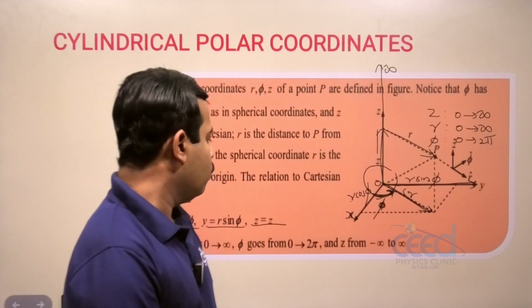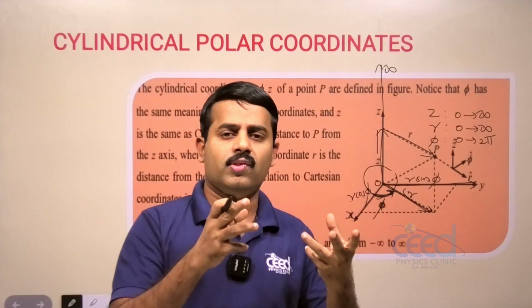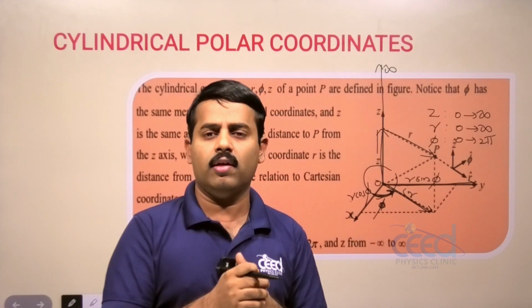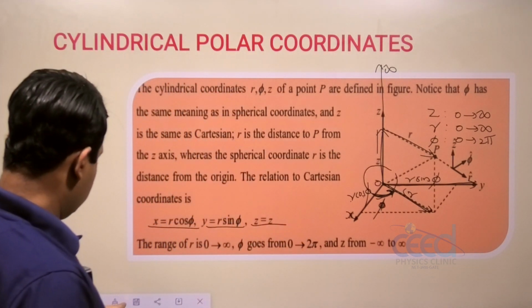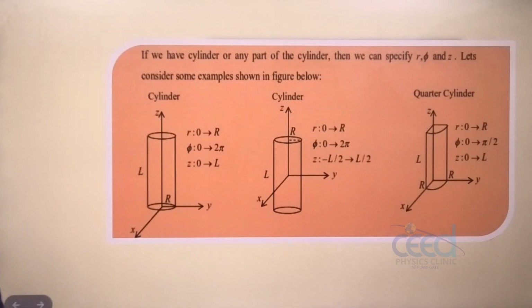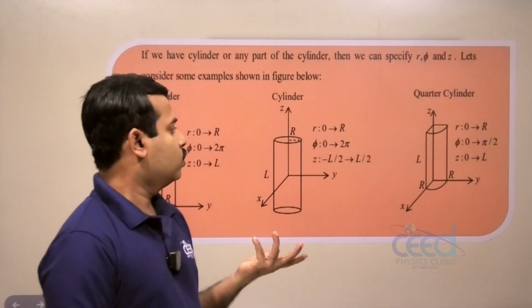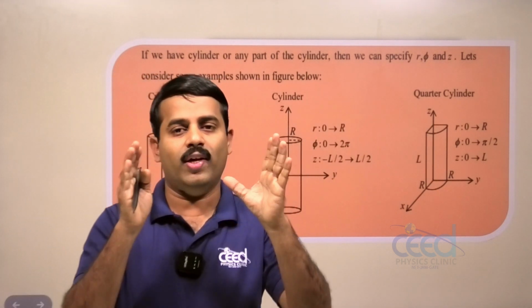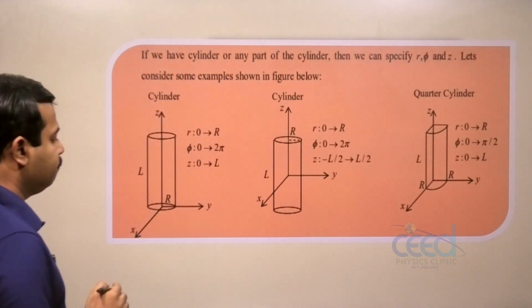Now as we discussed in the other coordinate systems, we require the area element and volume element in the cylindrical coordinate system. But before coming to the area element and volume element, let us do some ranges of r, phi, z in different situations.